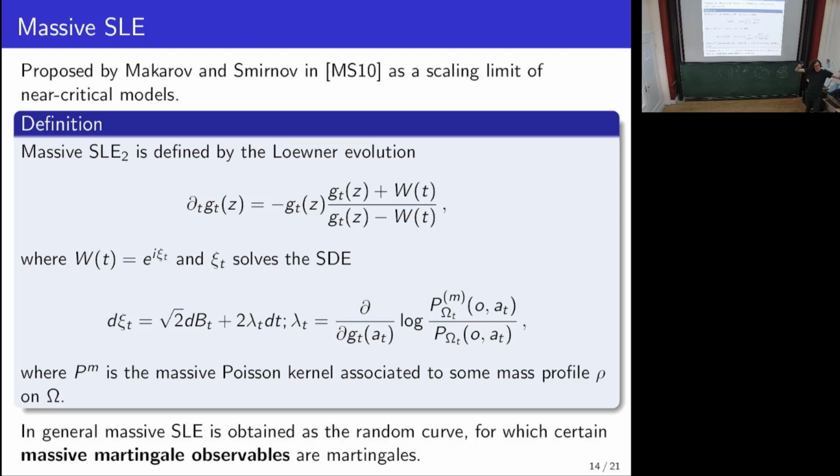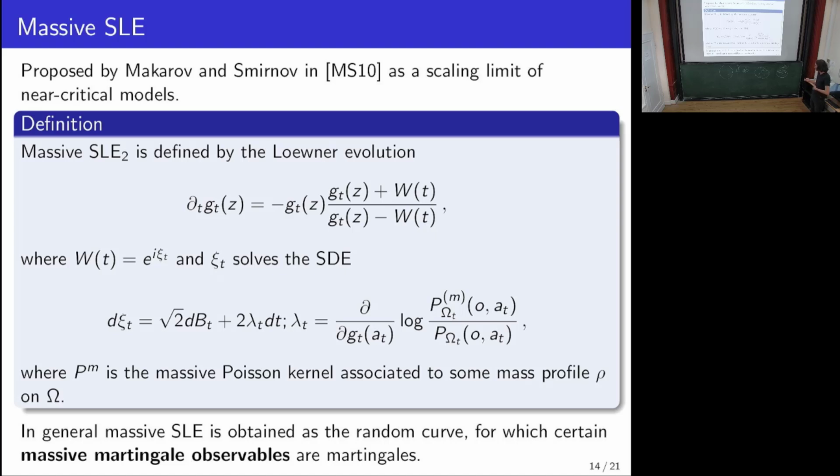You have a critical model that converges to an SLE, and then you change some parameter slightly, in a way that goes to 0 as the scale goes to 0, so the parameter goes to the critical value. And then, if you tune it right, you will get something that inherits some of the structure, is in many cases still absolutely continuous with respect to the critical thing, but now depends on an additional function, for example here the mass.